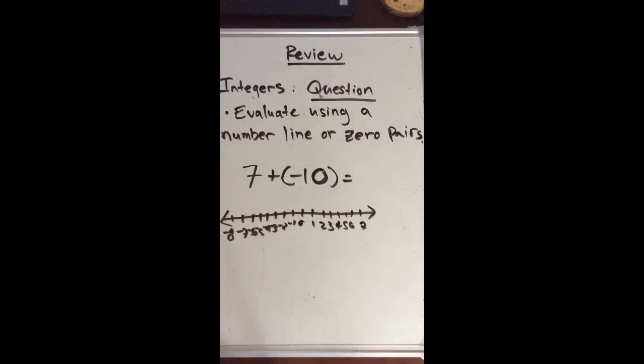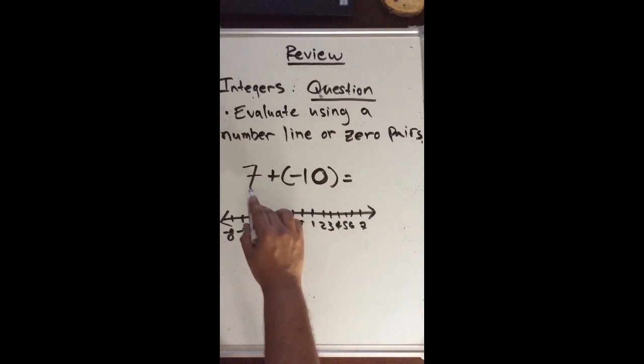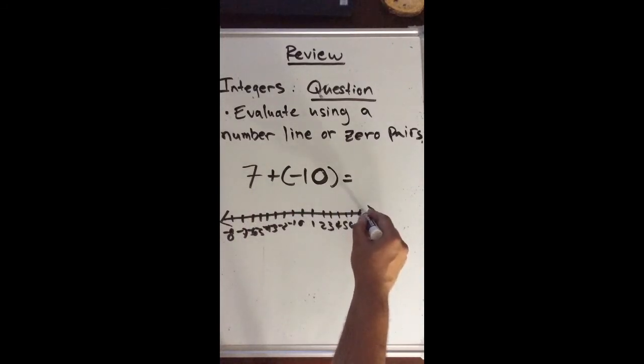Okay, so hopefully you've done your work and you've tried to evaluate this equation using either a number line or the 0 pairs. I wrote down my number line, so let's see how we can tackle this problem using this method. Well, again, we want to start at positive 7 because that's the first term in our equation.